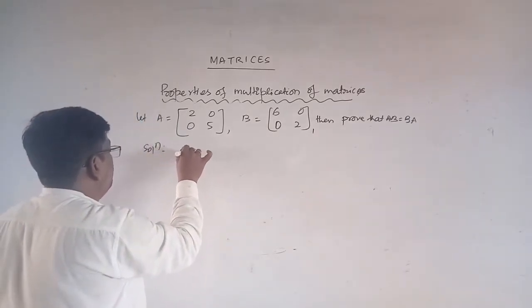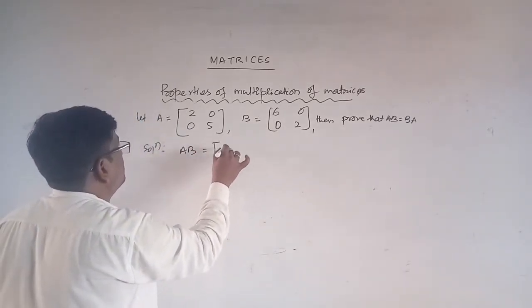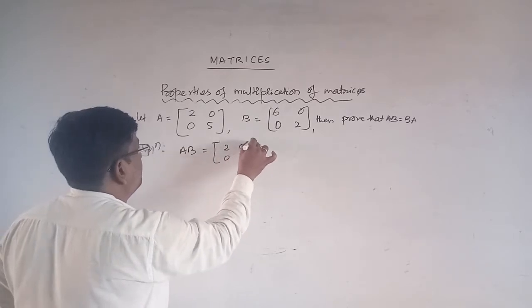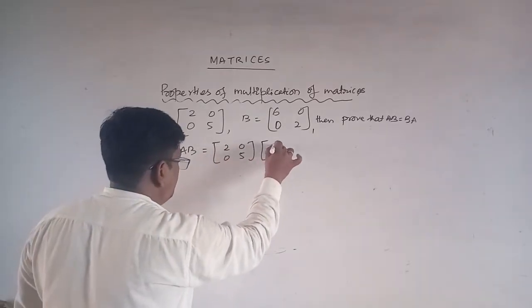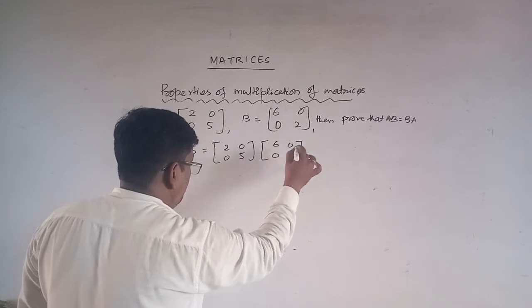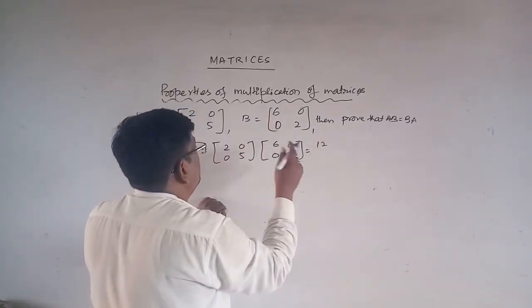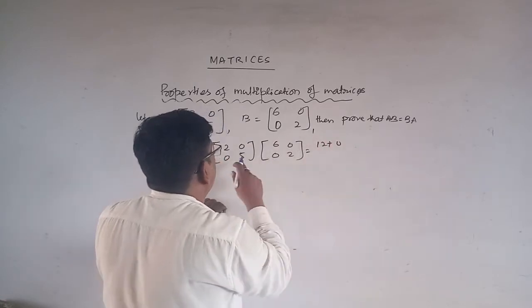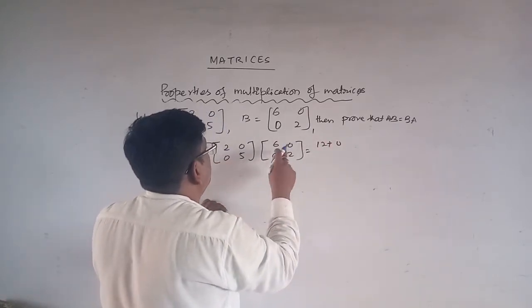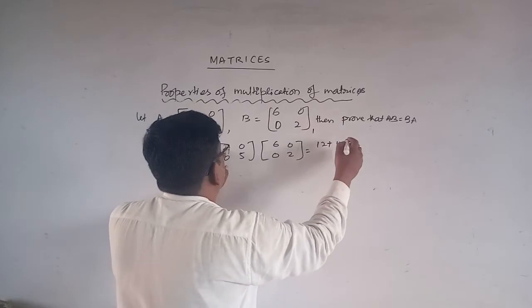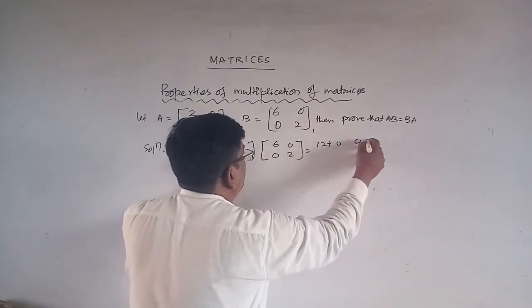Solution: AB. A means [2, 0; 0, 5], B means [6, 0; 0, 2]. Multiply this. 2 into 6, 12. Then 2 into 0, 0. 2 into 0, 0 plus 0 into 0, 0.